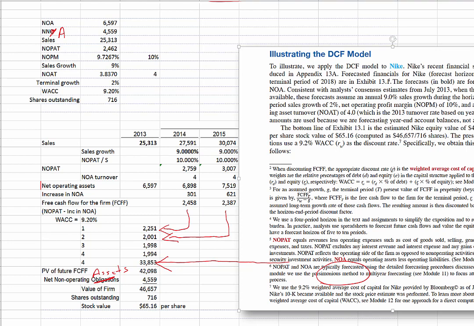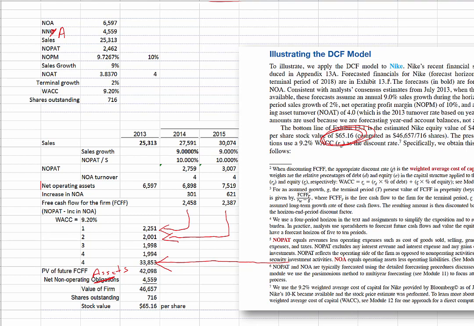And there they have that, get rid of some of this other stuff here. There they have that value per share of 65.16 right there.